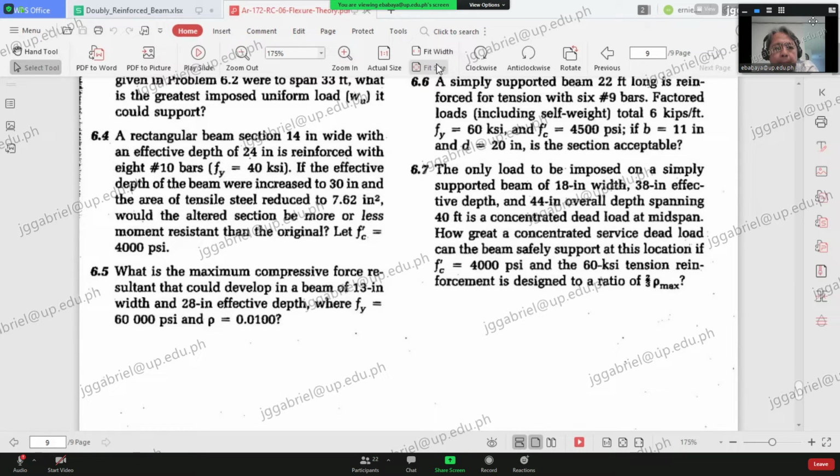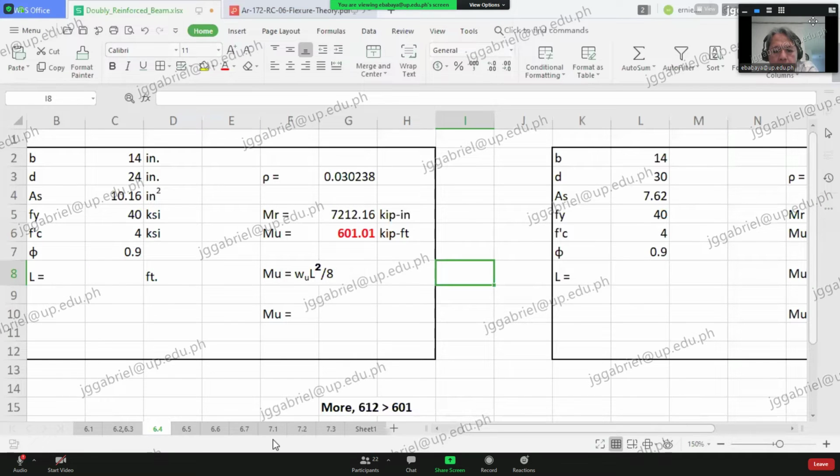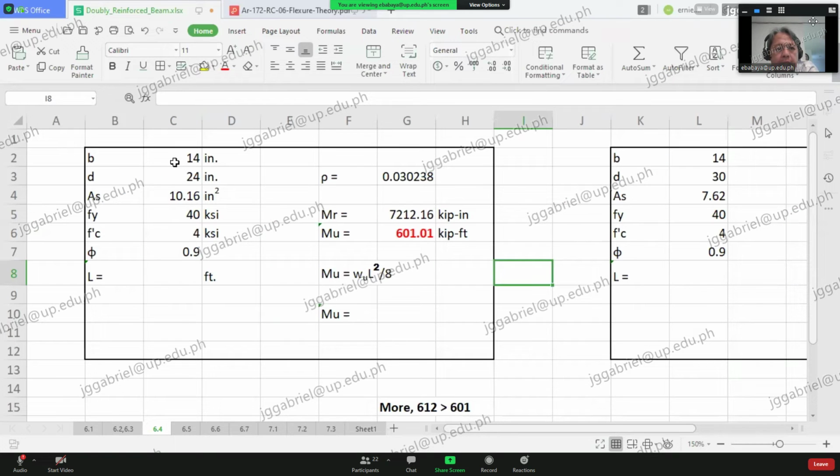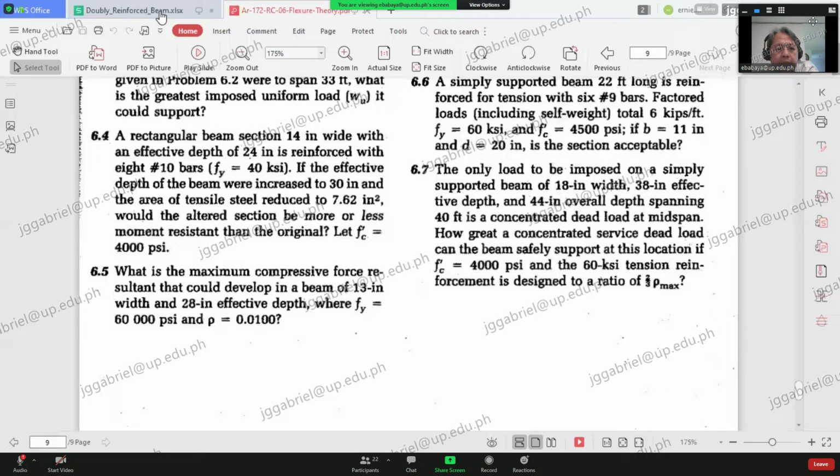Do you understand the problem? Let's look at the given. So, the B is 14 inches, and the effective depth is 24.